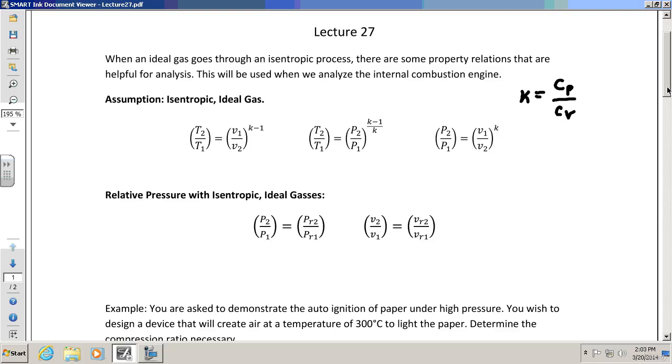The only K you most likely need to know is K equals 1.4 for air, the specific heat ratio C sub P over C sub V. You can use that and those property relations for isentropic processes.